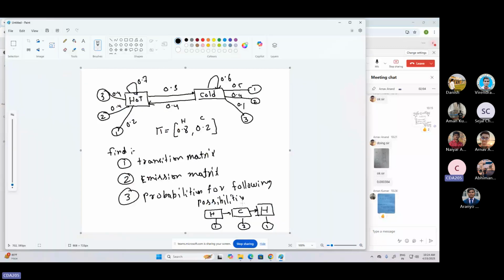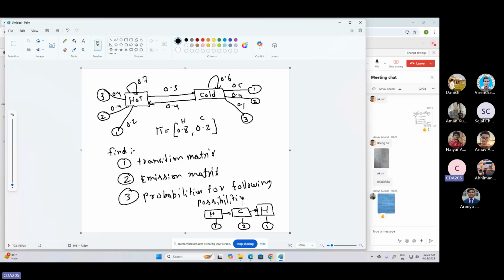So from hot to 1, it is 0.2, into, then after that, cold to third, so it is 0.1.